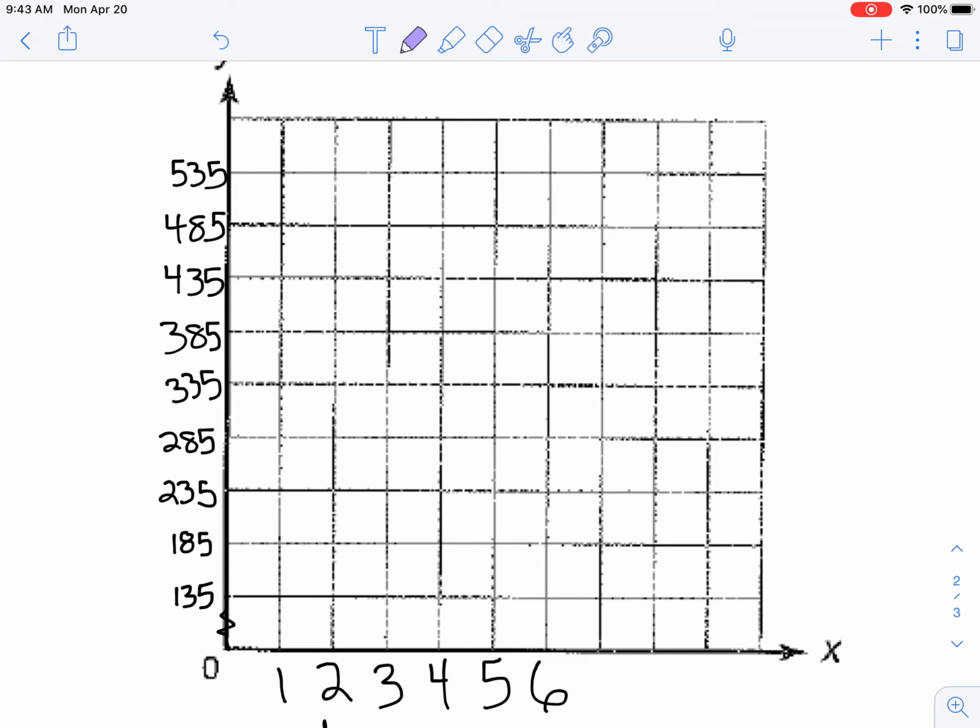So at 0, it's going to be 135. 1, it's going to be 185. 2, okay, up to 6. If I wanted to do 7, it's going to follow that same pattern. Okay, so now connecting them. Okay, my line looks like that.